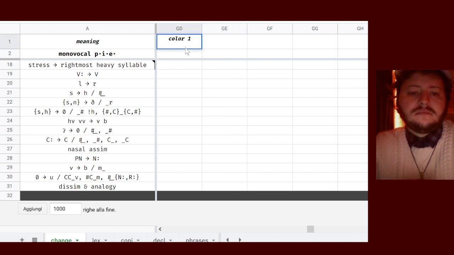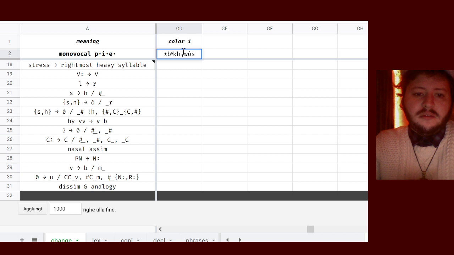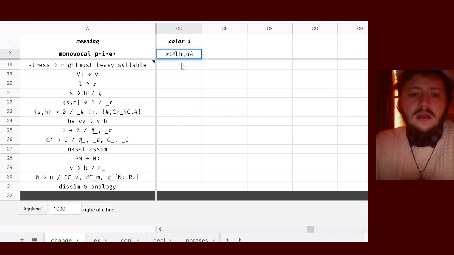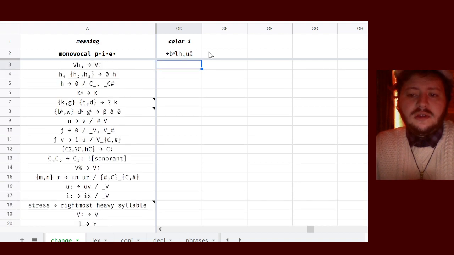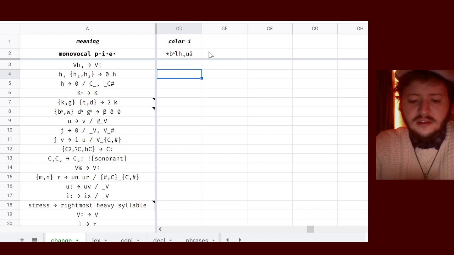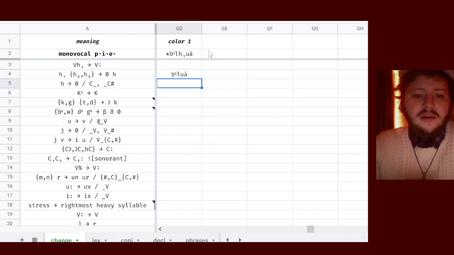And I'm going to convert this into monovocal PIE real quick. The S there is actually a nominative ending, which I don't use, so it's not going to affect how this word comes out. Okay, so the first thing that happens is the H1 goeth away. So that's my word now.